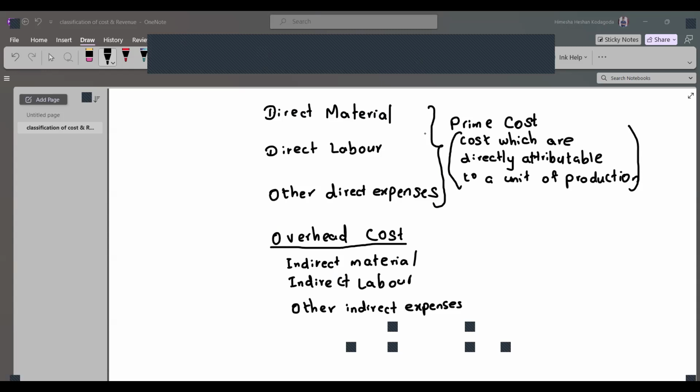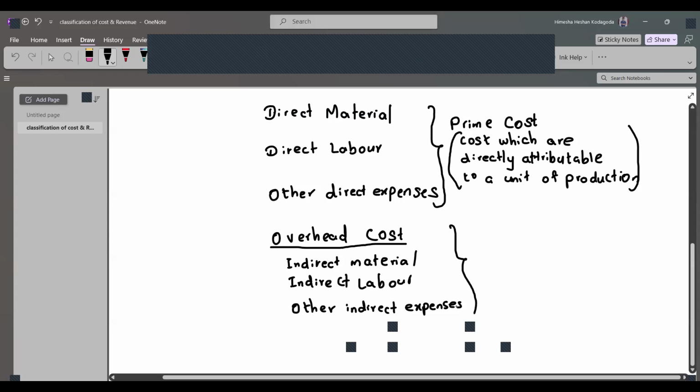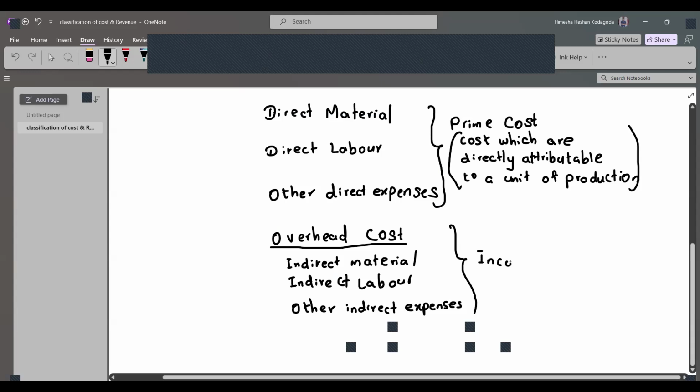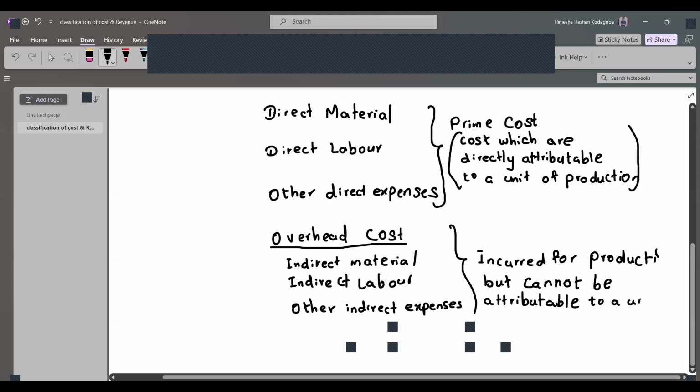Right. So indirect means, sorry, overhead cost, which means incurred for production but cannot be attributable to a unit of production.